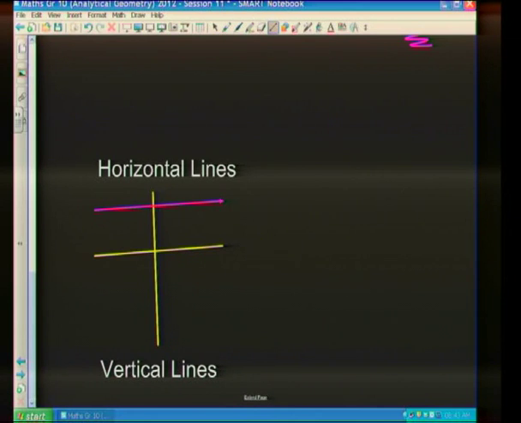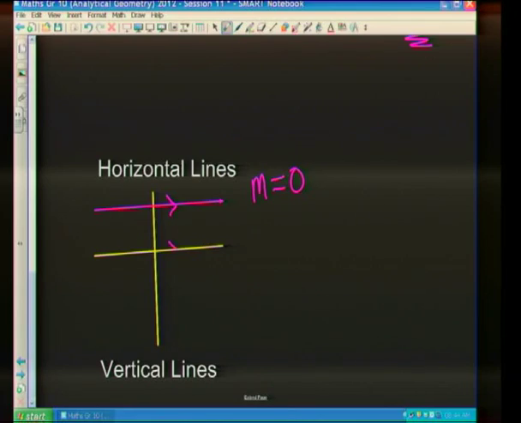What do I know about this line's gradient? Very, very important: the gradient of a line that is parallel to the x-axis is 0. So if you are told that your line is parallel to the x-axis, your gradient will be 0. Very important to remember.